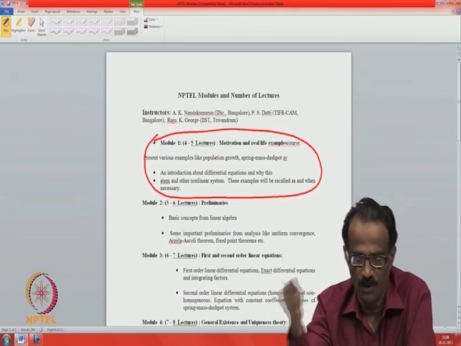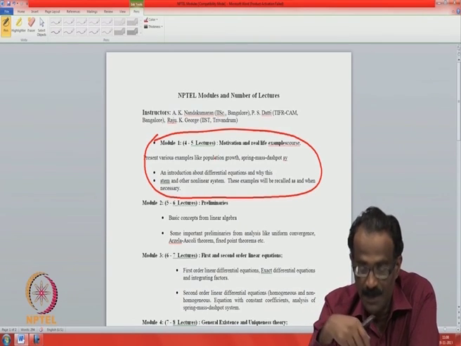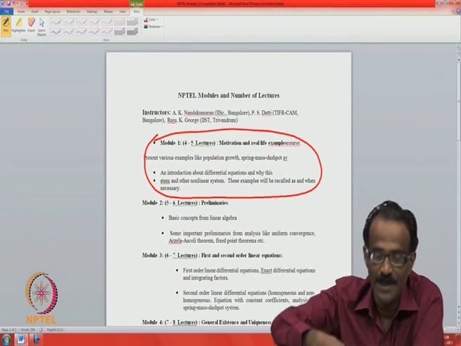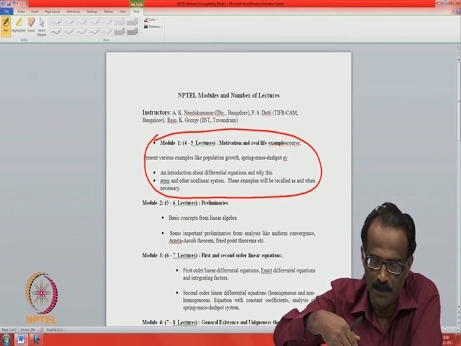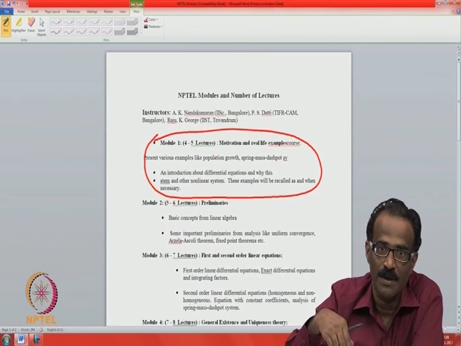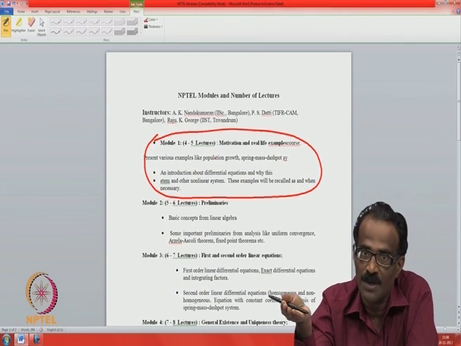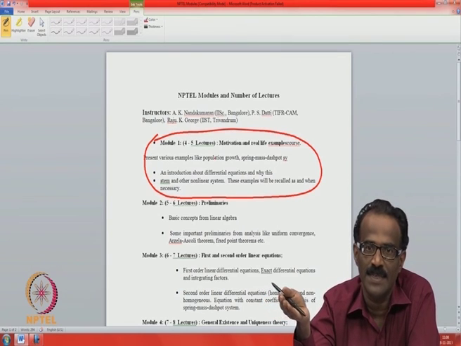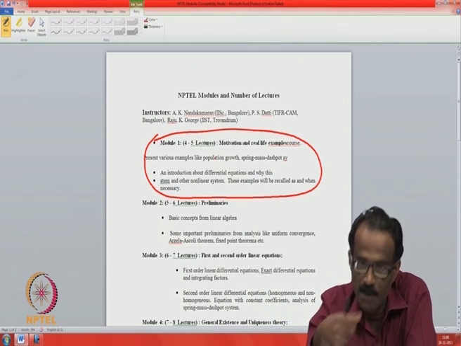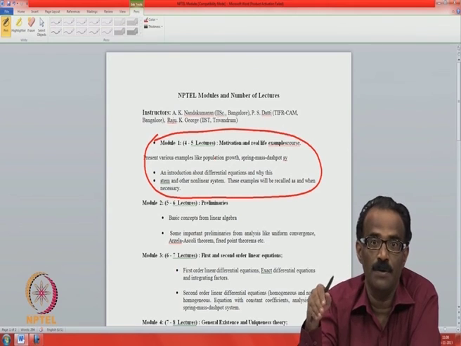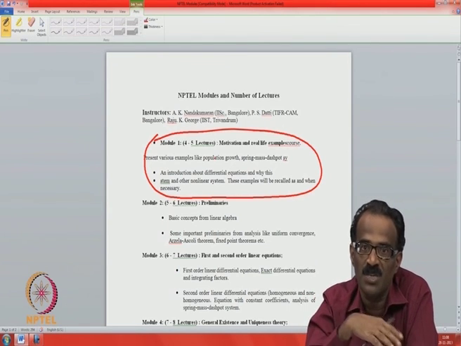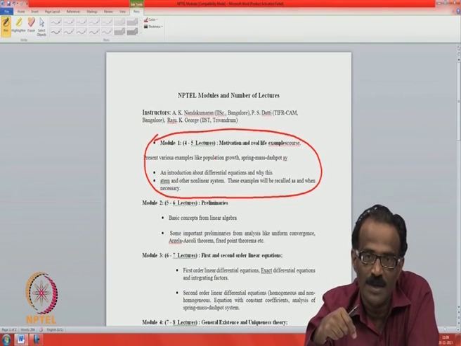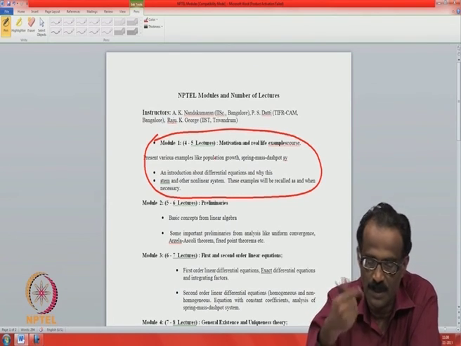Either I will give it or you will see later, and we recall these examples as and when required in our course. You can give examples of ordinary differential equations in every field of science and engineering, but we have chosen some classical examples. Nothing new, most of them are classical examples available in most of the books, and we use those examples.